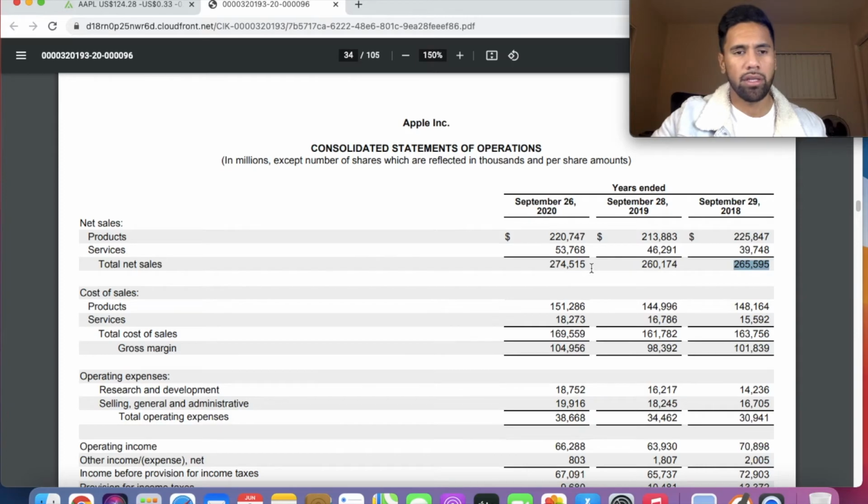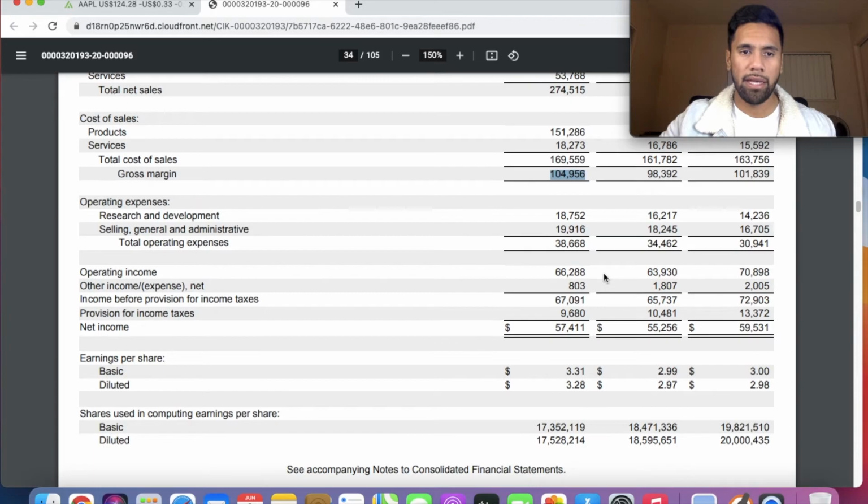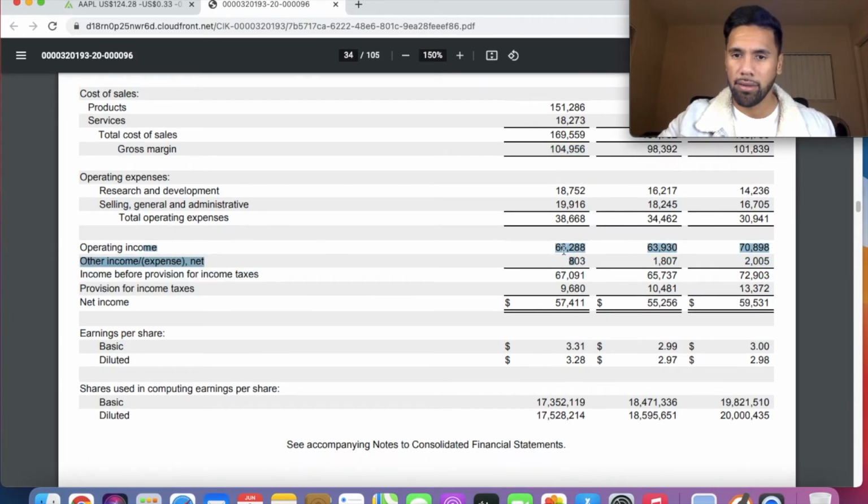It doesn't have to grow by a certain amount, but ideally you do want to see that growing. And then you've got your gross margin or your profit margin. That doesn't necessarily mean the company is profitable, but you do want to see healthy gross margins, and then you've got your EBIT, and then your net income.